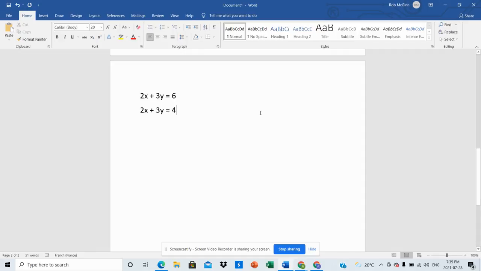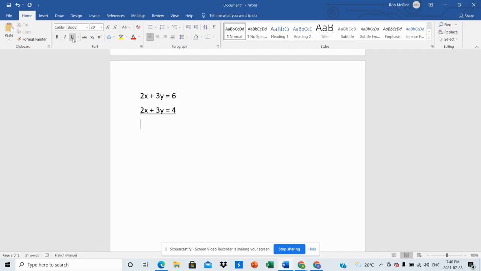We have 2x plus 3y equals 6, and our second equation is 2x plus 3y equals 4. So we can probably already look at this and see that there's a problem. We've got the exact same coefficients and variables in both equations, yet one equals 6 and one equals 4.